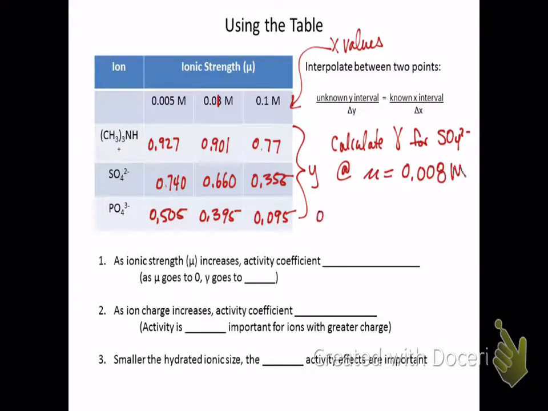And now what we're going to do is interpolate if we don't happen to be at one of these concentrations. So let's say we happen to be at a mu of 0.008. Then we're going to take two adjacent values. We're going to use the x and the y, and we're going to calculate the value that we need using what we know of the rise and the run and a straight line equation between them.